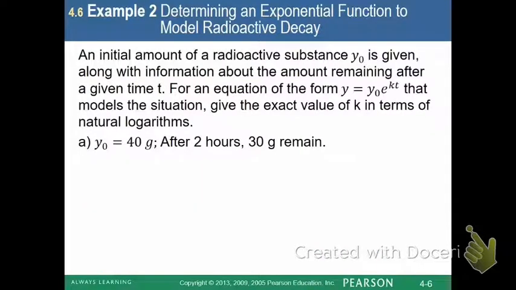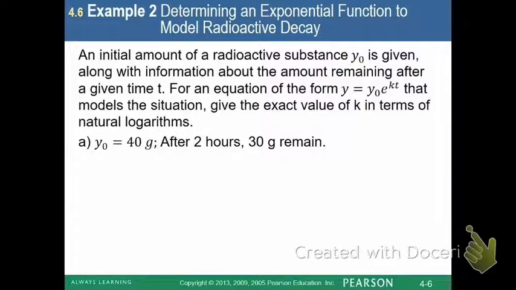So it says an initial amount of radioactive substance, y sub 0, is given, along with information about the amount remaining after a given time t. For an equation of the form y equals y sub 0 e to the kt that models the situation, give the exact value of k in terms of natural logarithms. Okay, so we're going to be using the equation they give us, and we're going to plug in the numbers where they need to go.